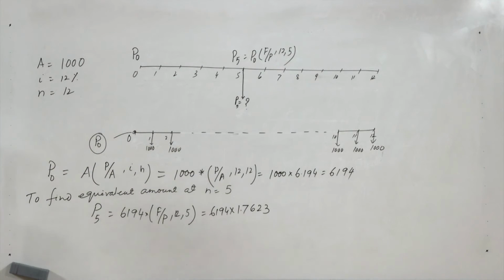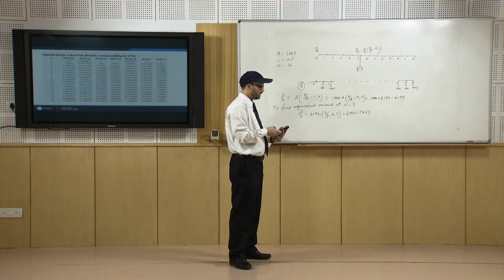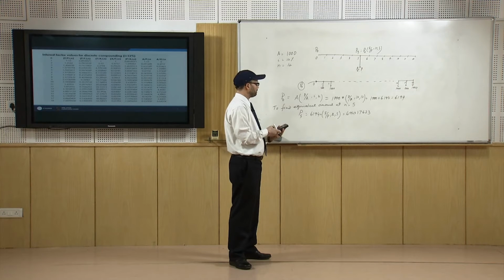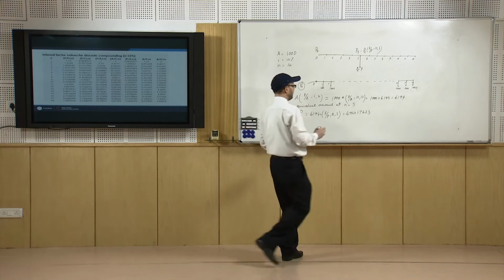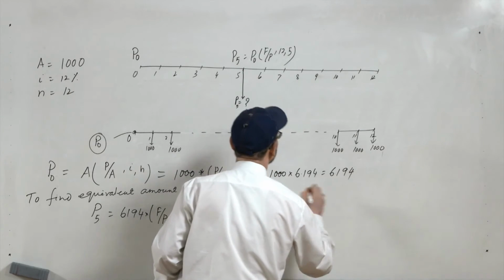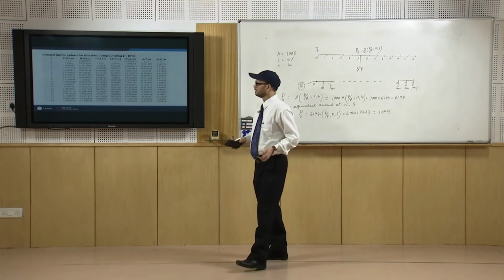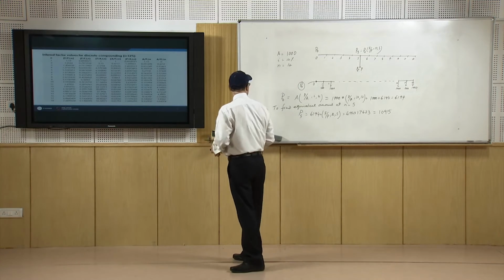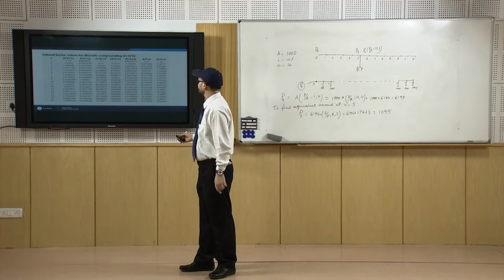So, once you multiply 6194 by 1.7623, this comes out to be 10915. So, this is how we can solve such problems.